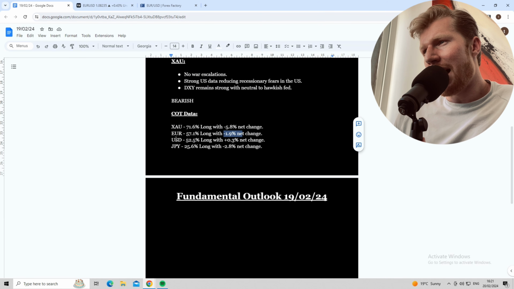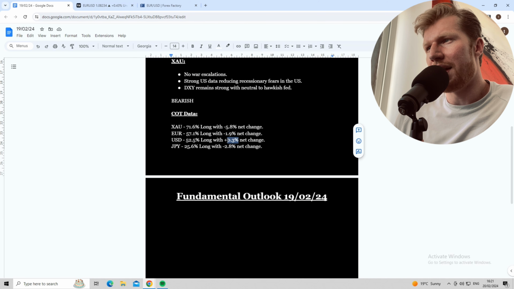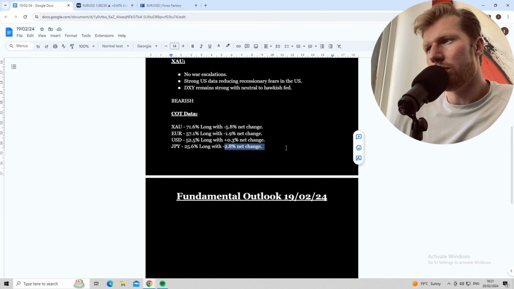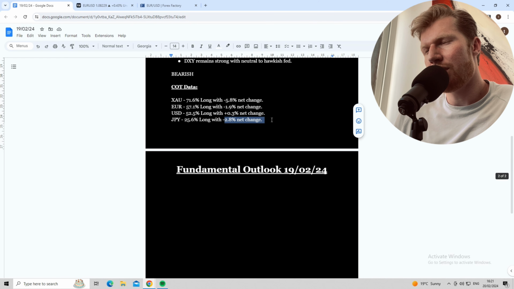And then with the US dollar, it's 52.5% long and a small net change. So again, this isn't really that insightful, basically showing 50-50. And Japanese yen is extremely small amount long. So that's 75% short, and it's decreased in the last week. So again, just an interesting point.